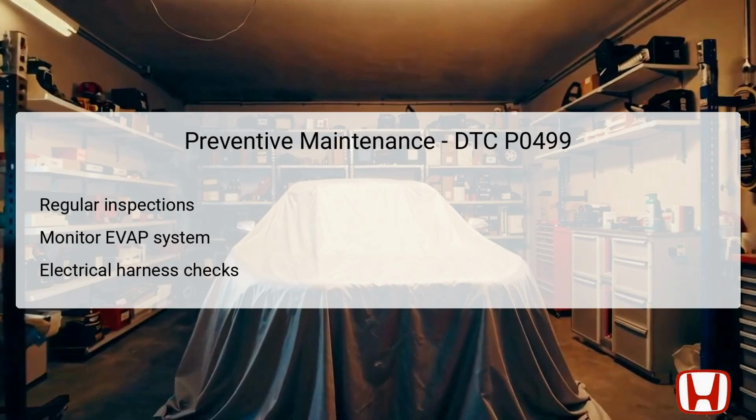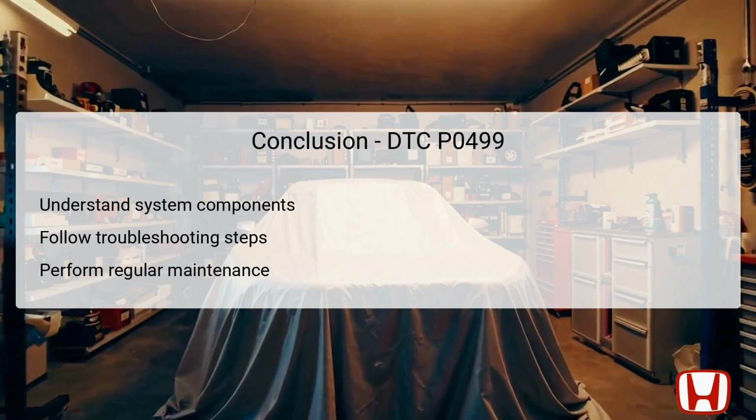In conclusion, understanding the components and functions involved with the evaporative emission (EVAP) system is crucial for addressing DTC P0499. This code indicates a malfunction in the vent shut valve circuit, which can impact vehicle performance and emissions.